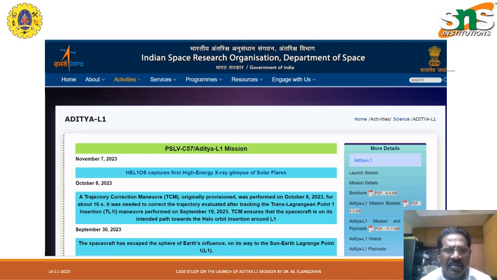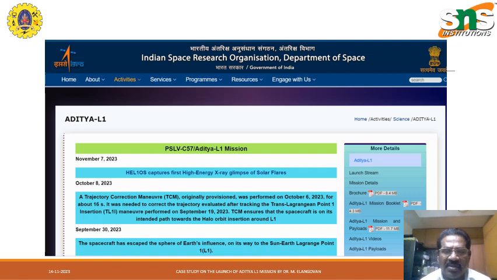It was needed to correct the trajectory evaluated after tracking the trans-Lagrangian point L1 insertion, that is TL1, and the maneuver was performed on September 19th, 2023. The TCM ensures that the spacecraft is on its intended path towards the halo orbit insertion around the L1.